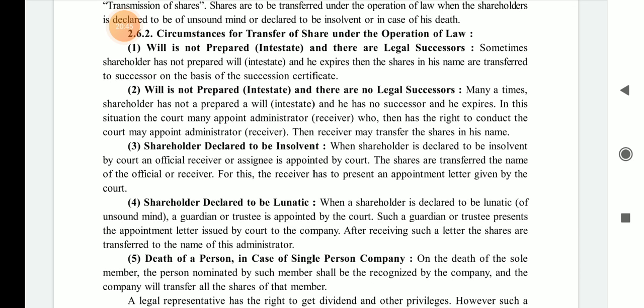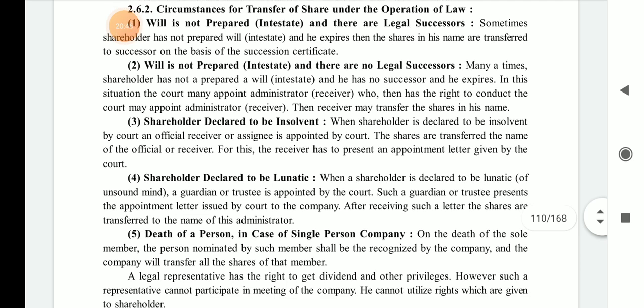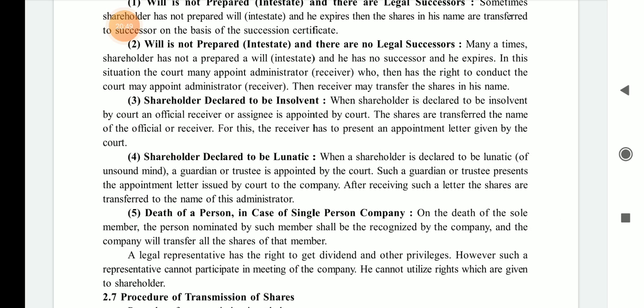Lunatic means a person with unsound mind. It is another word for that: a lunatic means a person who becomes unsound minded. In simple words, mad. When a shareholder is declared to be lunatic or of unsound mind, a guardian or trustee is appointed by the court.